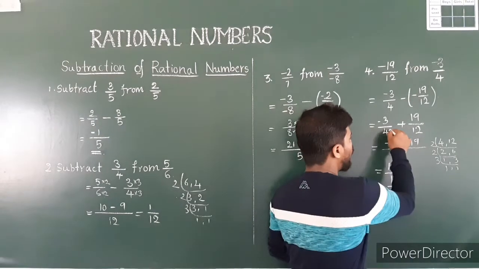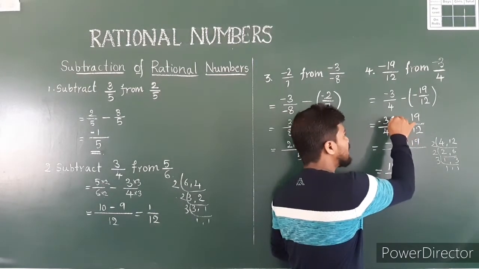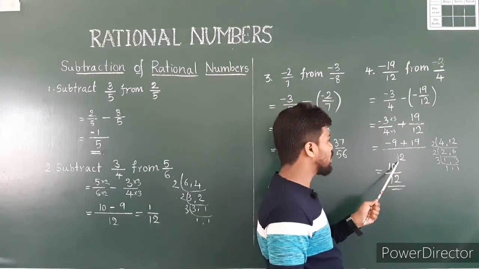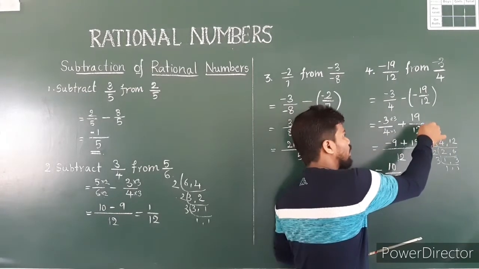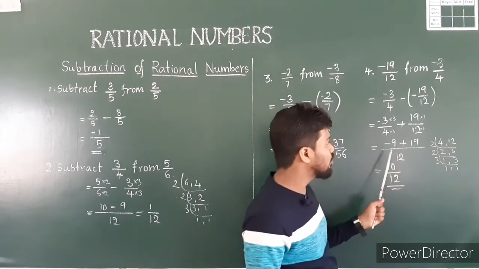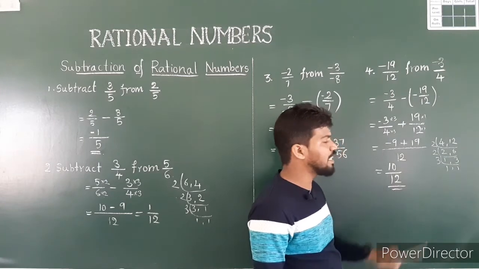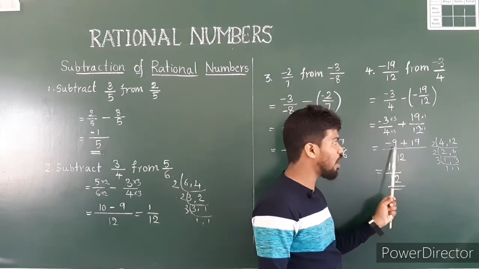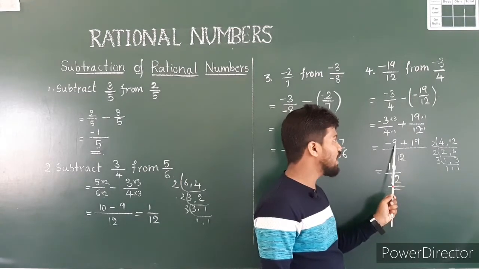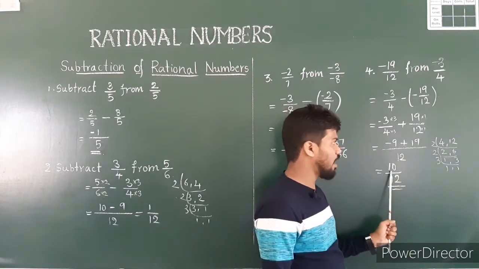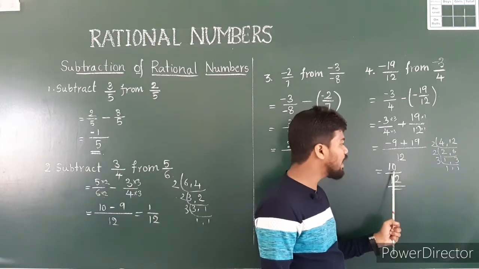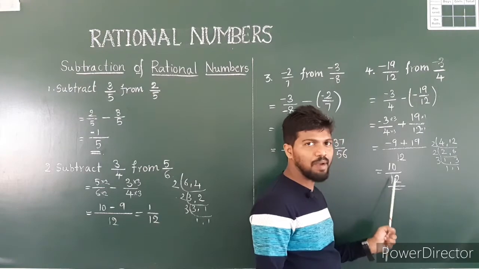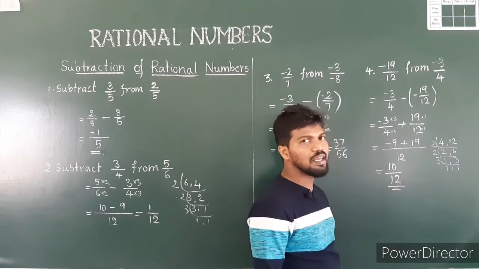So 4 threes are 12, and 3 threes are minus 9, and you have the common denominator 12. 12 into 1, you get 19 into 1, 19 itself. So minus 9 plus 19, both are different signs, so subtract. 19 minus 9 you get 10, so 10 by 12. The larger value's sign is plus, so you don't write plus. The final answer is 10 by 12.